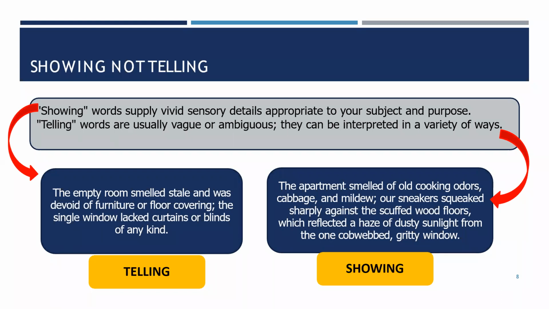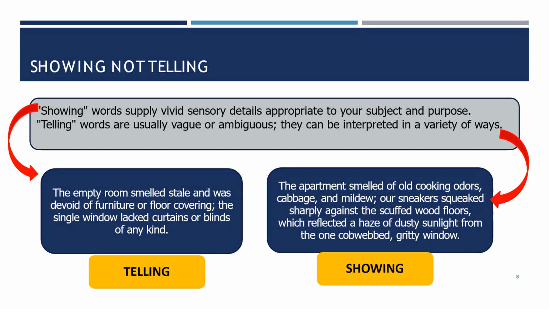And then the example of showing. The apartment smelled of old cooking odors, cabbage, and mildew. Our sneakers squeaked sharply against the coverless wood floors, which reflected a haze of dusty sunlight from the one cobwebbed, gritty window.